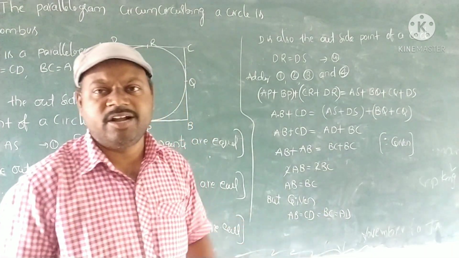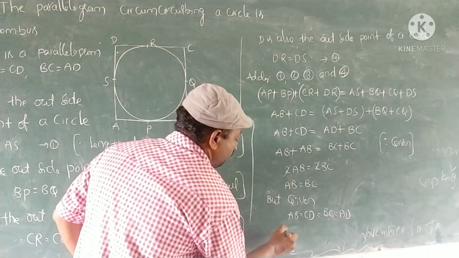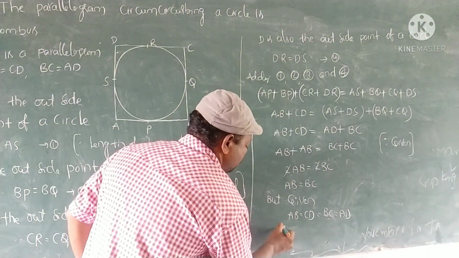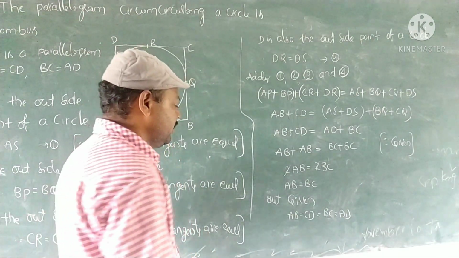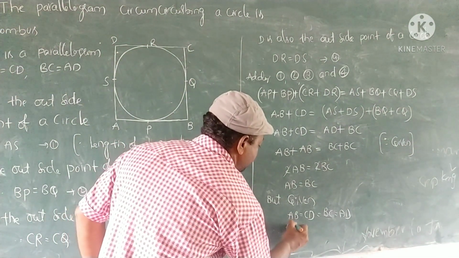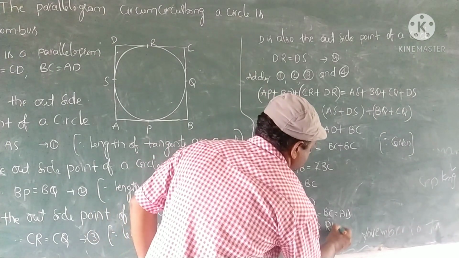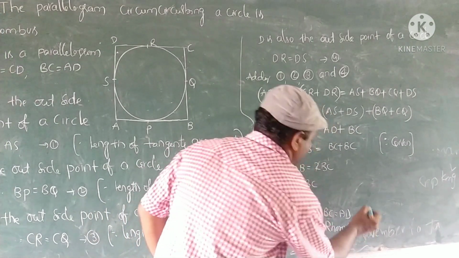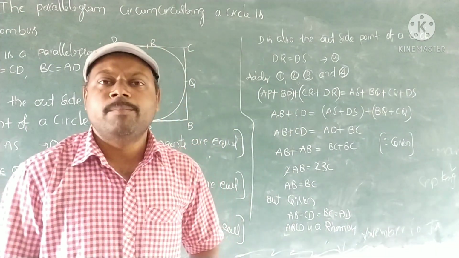That means all four sides are equal. Therefore ABCD is a rhombus.